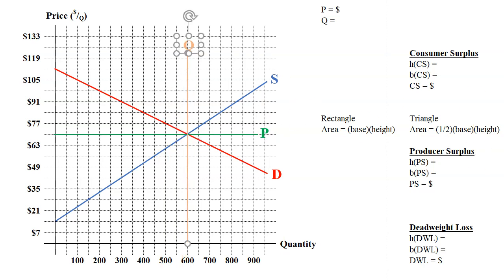Okay. Now I want to show you that this price line and the demand curve, whoops, sorry about that, create a triangle right in here. And the region that is below the demand curve but above the price line, so the left is the axis, the top of the region is the demand curve, the bottom of the region is the price line, and the right boundary of the region is the quantity line.